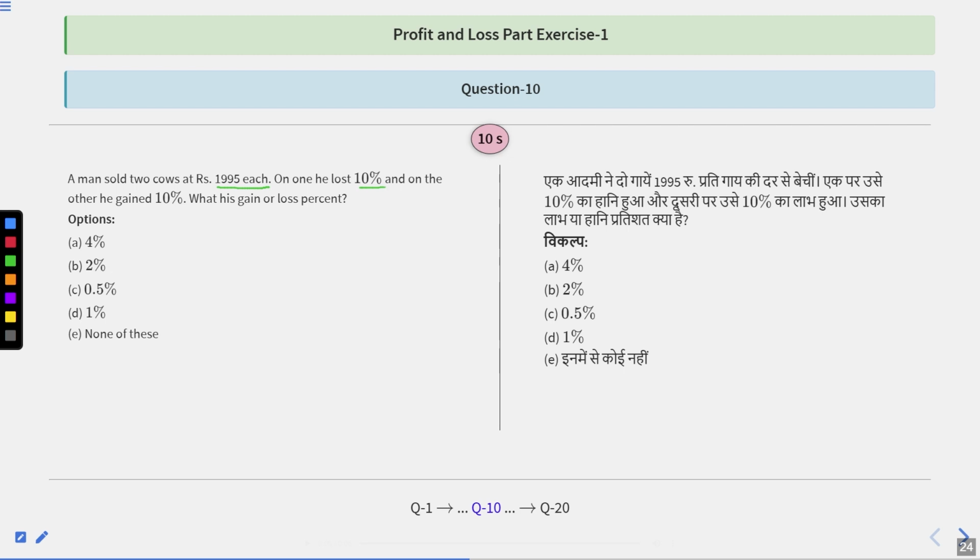On one he lost 10%, on the other he gained 10%. What is his gain or loss percent? You have 5 options and 10 seconds to analyze the question. Your time starts now.